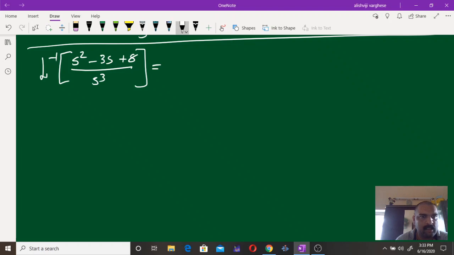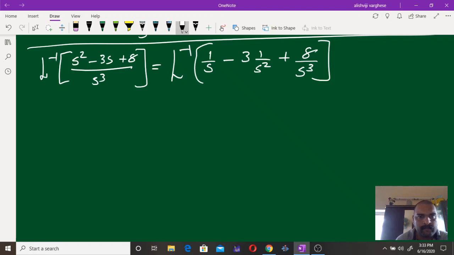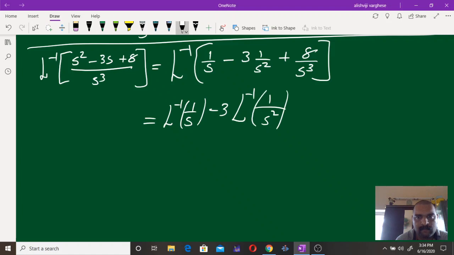We can split it into three fractions: L inverse of s square by s cube, which is 1 by s, minus 3 into s by s cube, which is 1 by s square, plus 8 by s cube. Now, since inverse Laplace transforms are linear, it is L inverse of 1 by s minus 3 times L inverse of 1 by s square plus 8 times L inverse of 1 by s cube.